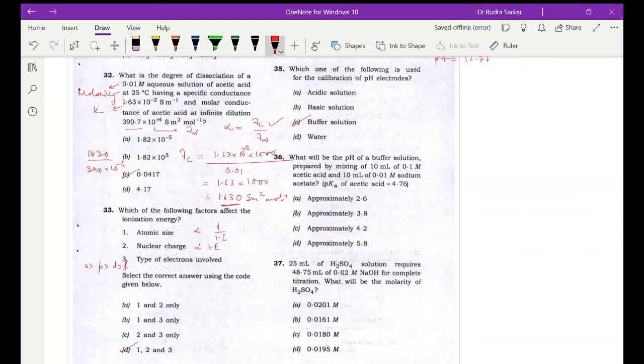So what we have to do over here, we know pH equals pKa plus log of salt concentration by acid concentration. So it is 4.76 plus log of 10 ml of this and 10 ml of that, right? So salt is 0.01 by 20, and acid is 0.1 by 20.